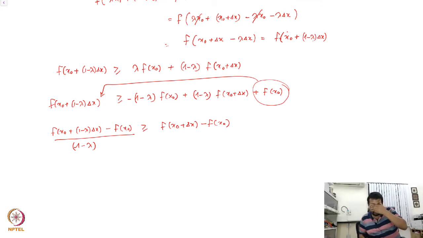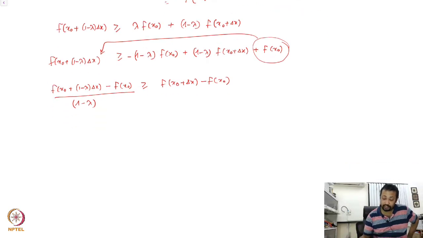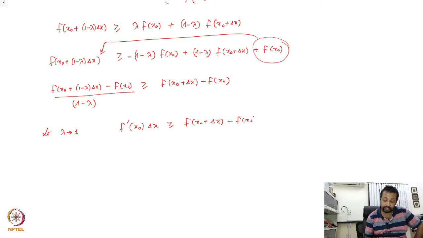Not very complicated. It's very simple algebra that we are doing over here. Now let's take the limit of lambda to 1. If I take the limit of lambda to 1, essentially the left hand side I have is f dash x naught delta x must be greater than f of x naught plus delta x minus f of x naught.